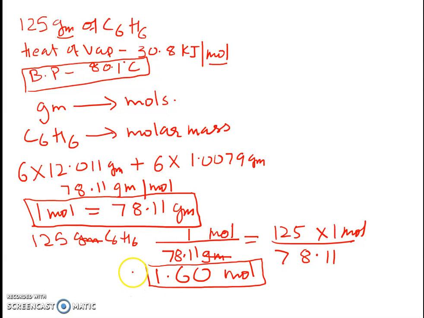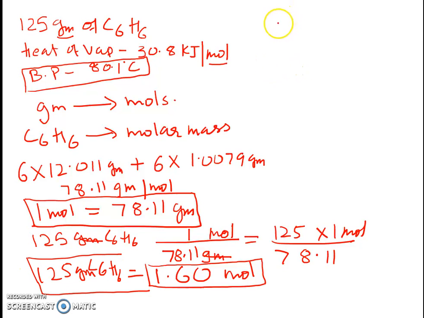So please check the calculations. Okay, so that means 125 grams of benzene equals 1.60 moles. Now I'm going to use this relationship to see that 1 mole required to convert into vapors is 30.8 kilojoules.